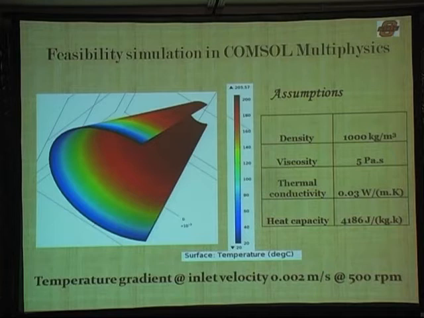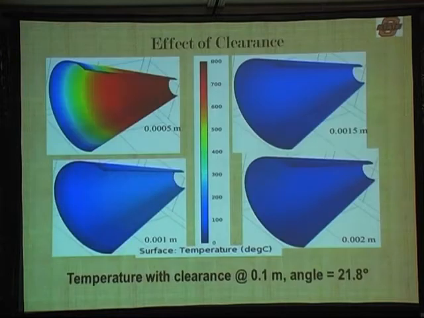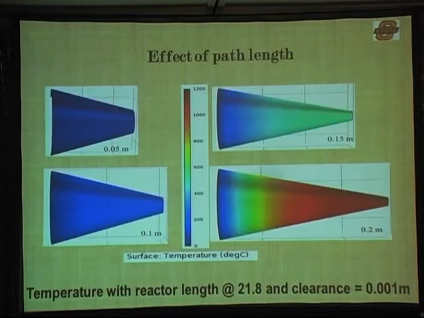This one shows a prediction up to about 200 C, which was pretty close to what we got. Then we tested all kinds of things. I'm just going to zip through these. Tested the spacing. Spacing turns out to be critical. Viscosity is critical.